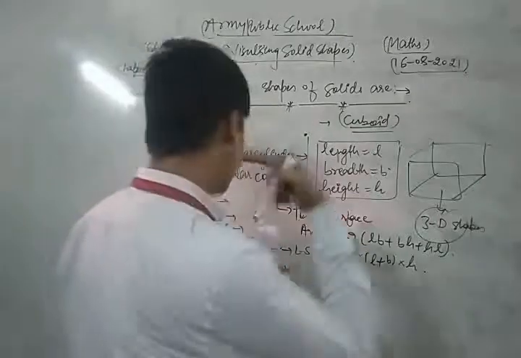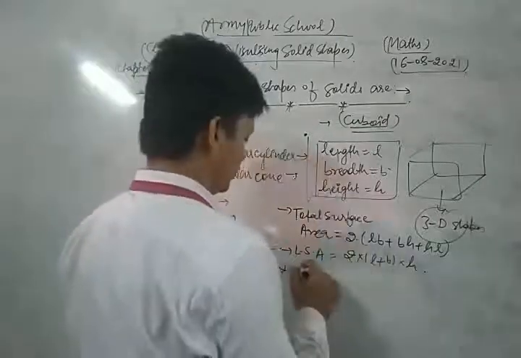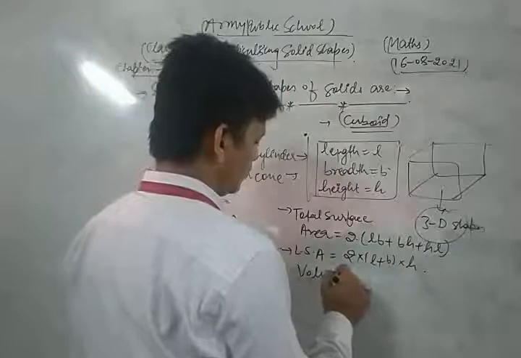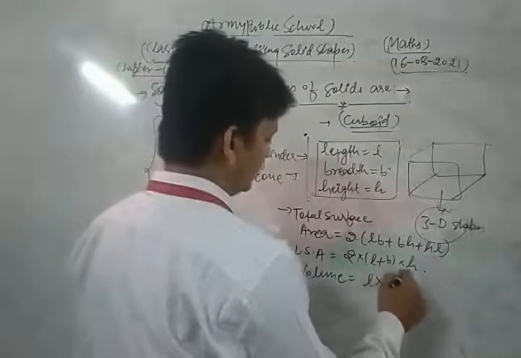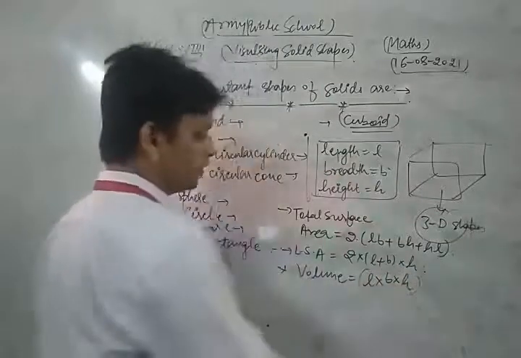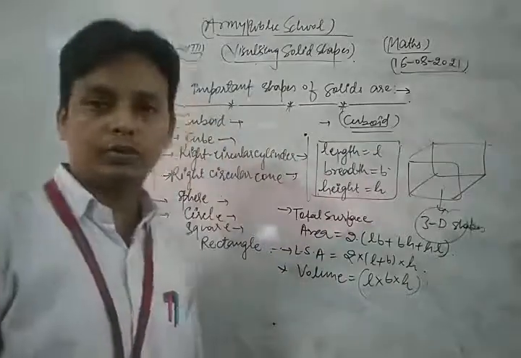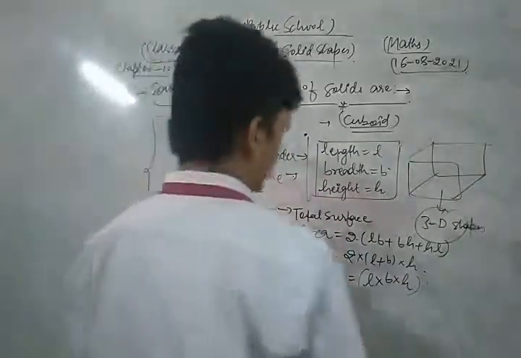Next is the volume of the cuboid. The volume of the cuboid is length into breadth into height.